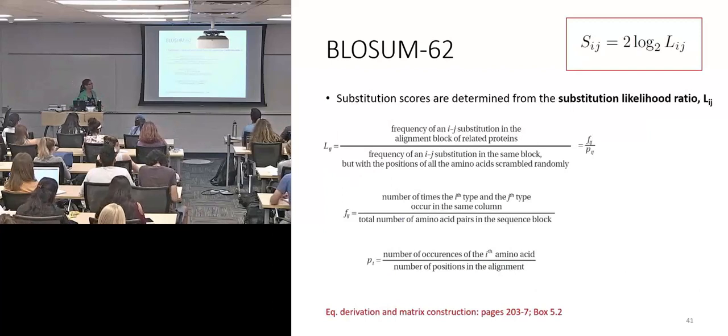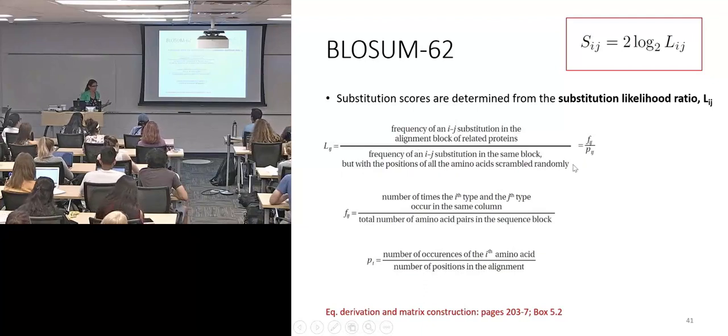This is the relationship between the likelihood ratio and the substitution score. Sij is what's actually in that matrix, and it's related to a likelihood of substitution constructed here. It is the frequency of the ij substitution in the alignment block of related proteins over the frequency of that substitution if everything was totally randomly scrambled.